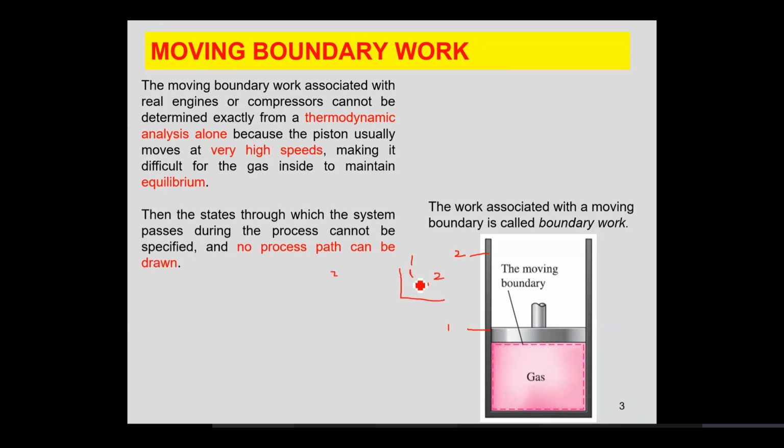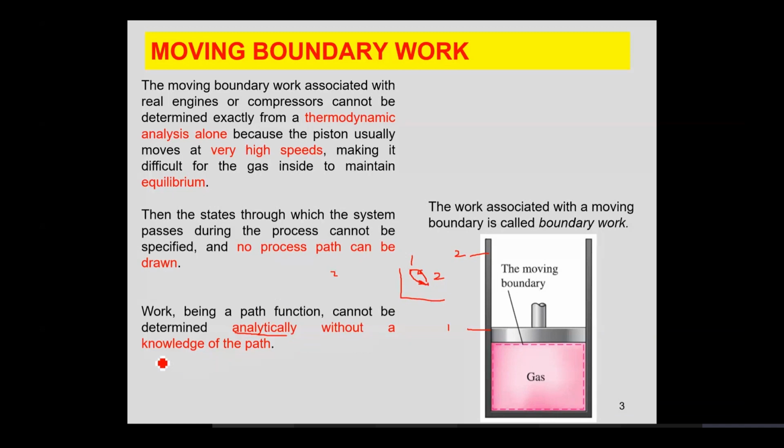I cannot say what path was used to achieve state 2. And as you know that work is a path function, you cannot analytically solve this without the knowledge of the path.